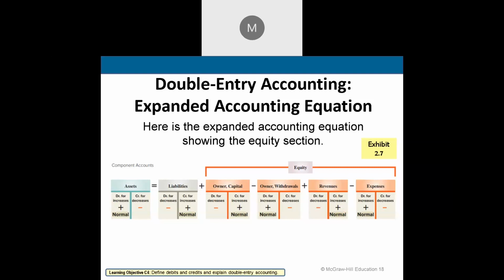This slide here helps to really summarize the normal balances. Assets normally hold a debit balance. Liabilities normally hold a credit balance. Equity normally holds a credit balance. But within equity, we see a lot of moving parts. Yeah?